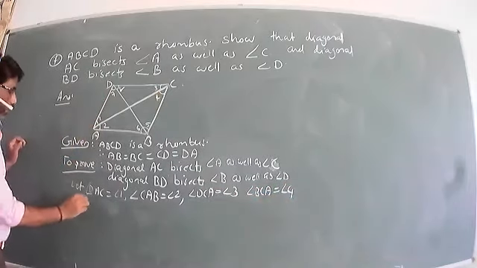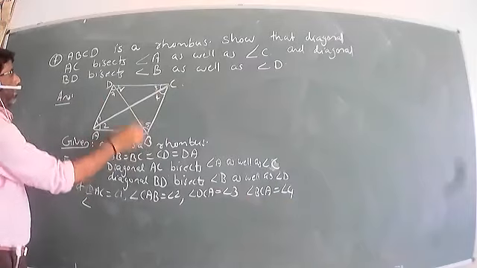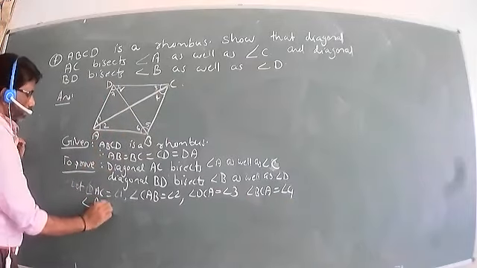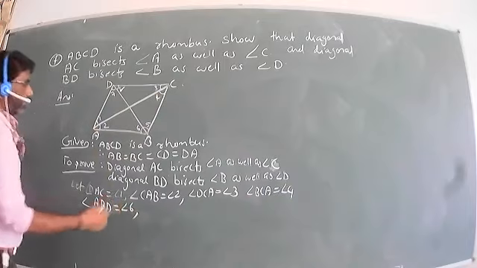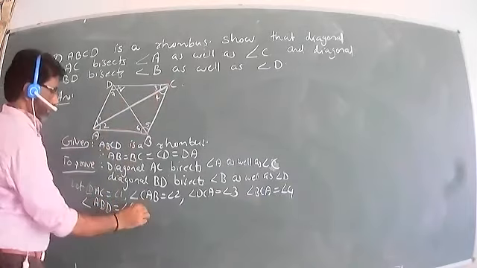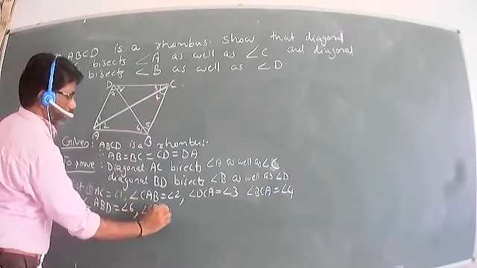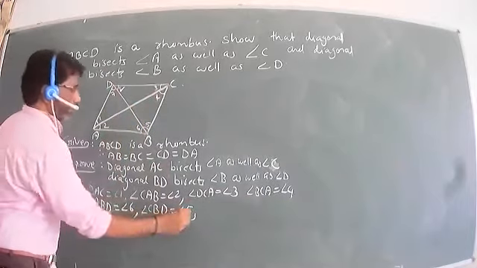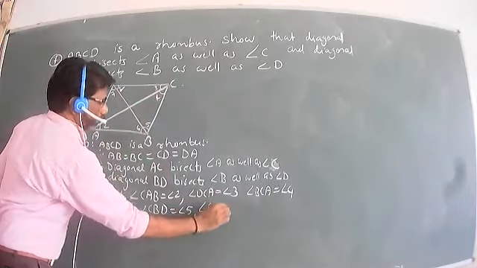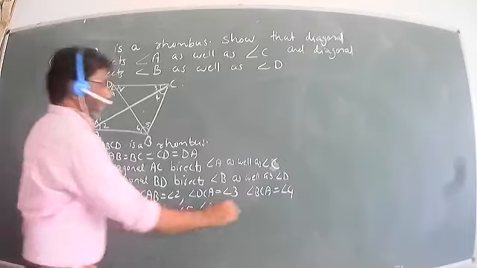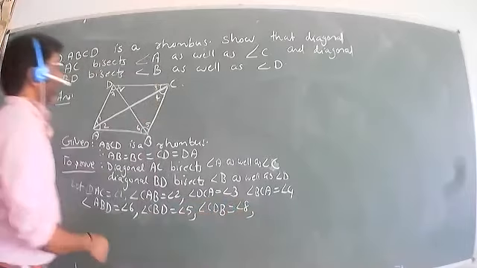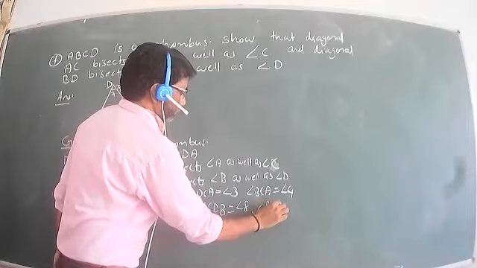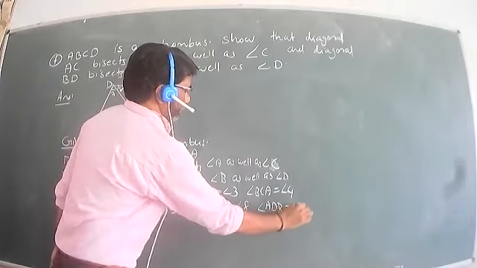This angle ABD is equal to angle 6, angle CBD is equal to angle 5, angle CDB is equal to angle 8, angle ADB is equal to angle 7.